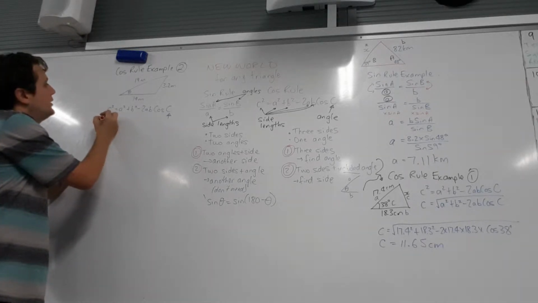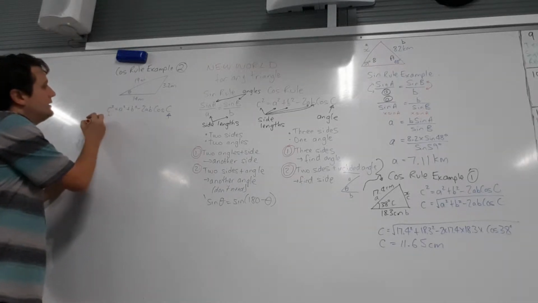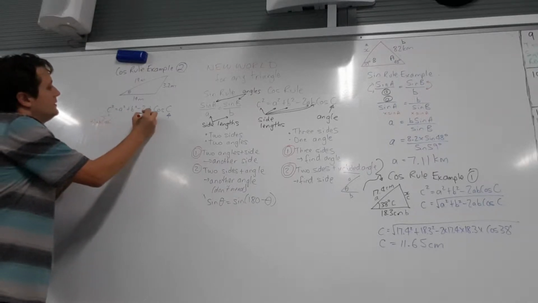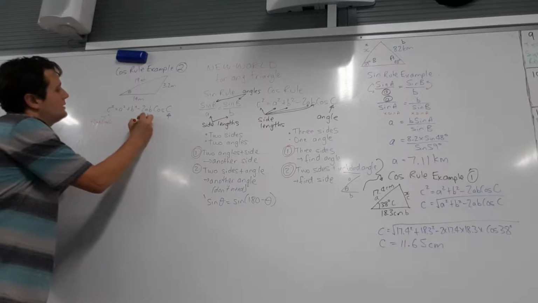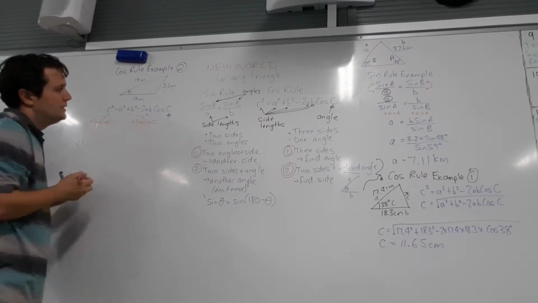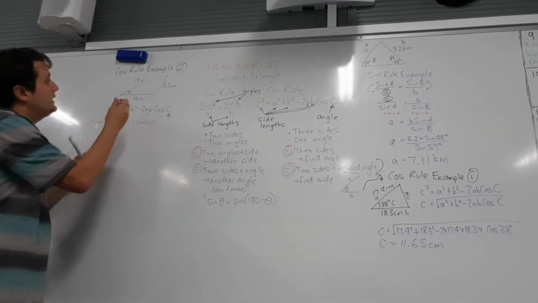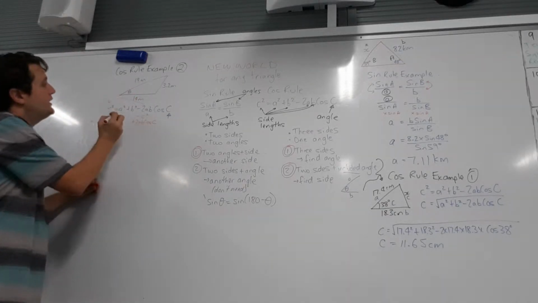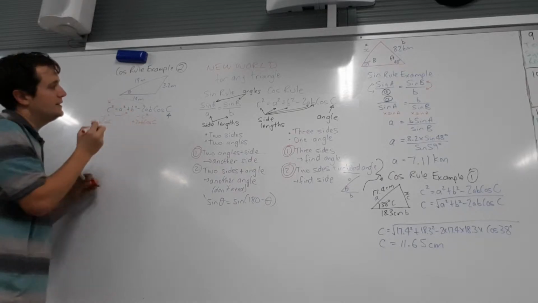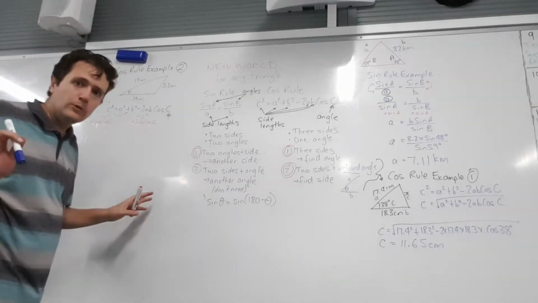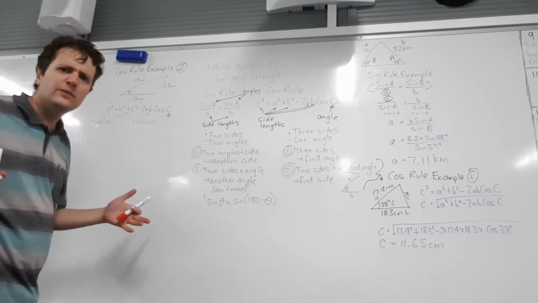So essentially to both sides, we're going to take the C squared and add 2AB cos C. I'm going to do those two things at once, which is a little bit weird, but essentially all I'm doing is moving that 2AB cos C over here and the C squared over there. It just ends up being cleaner after this point because you don't have to deal with as many negatives.